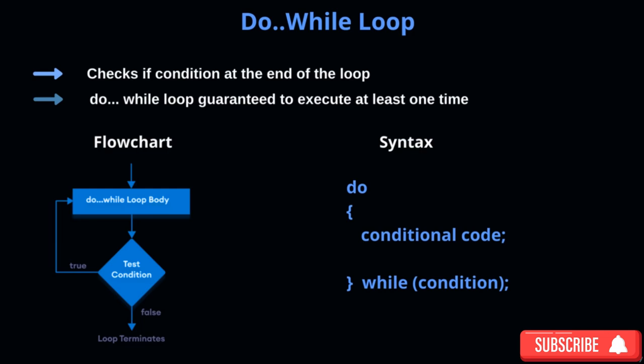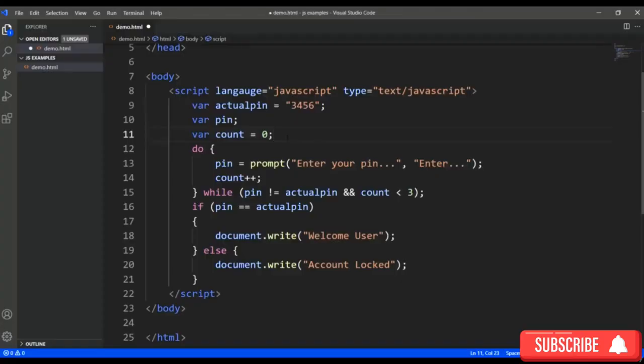And now let's see practically how we can write a basic code using do while. So here it's an implementation of a do while loop. As I said earlier, do while loop will be used when we want to execute a loop as per the user's interaction. So what I want here is I'm taking a pin number from the user, and 3456 I have considered as the correct pin which I am seeking from the user.